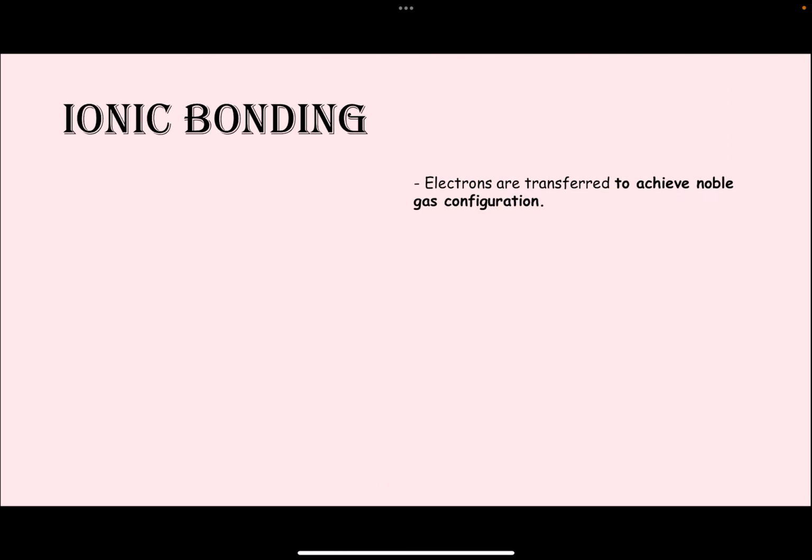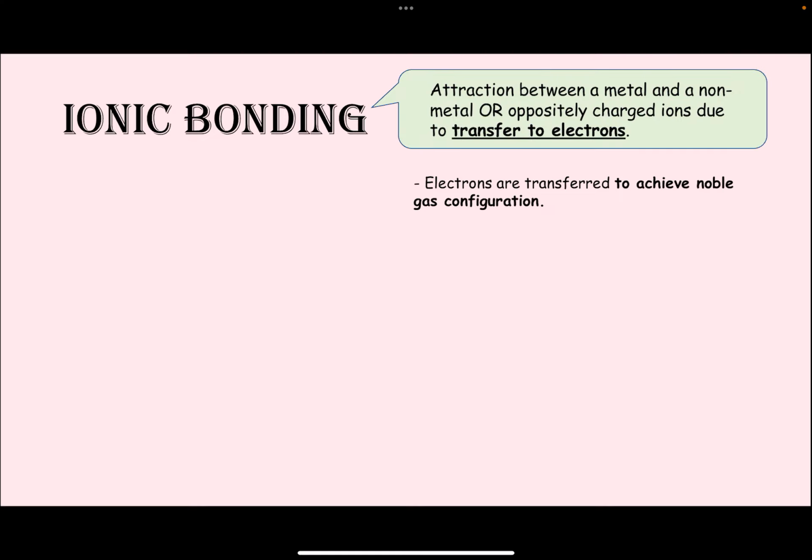So let's talk about the first type of bonds, which is the ionic bonds. Ionic bonds are formed between a metal and a non-metal, and they are formed by the transfer of electrons. Remember that metals tend to lose electrons and non-metals tend to gain electrons.